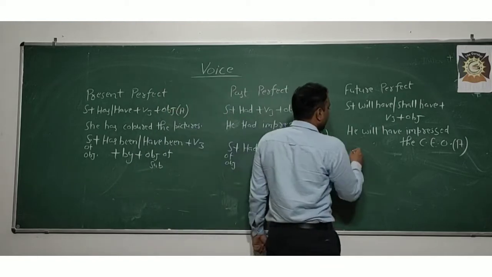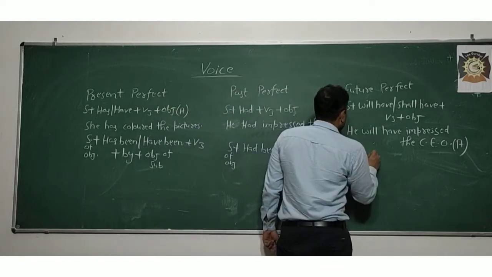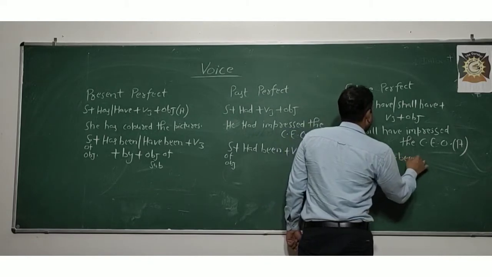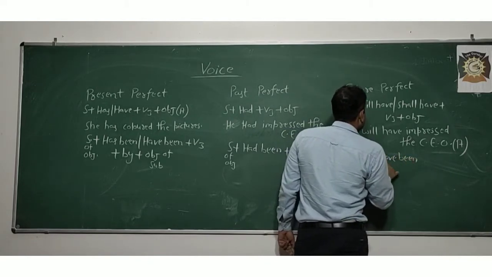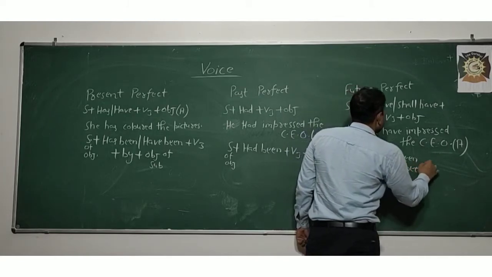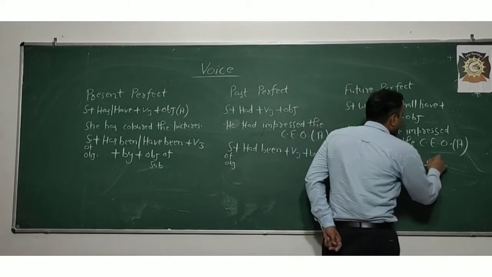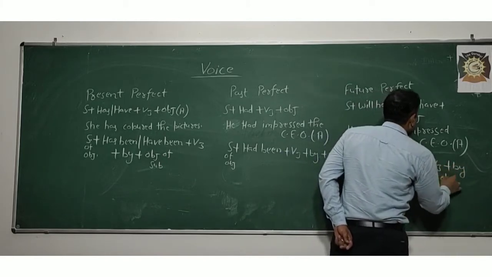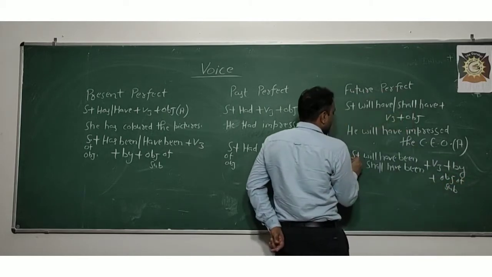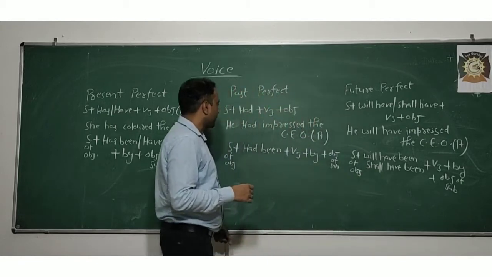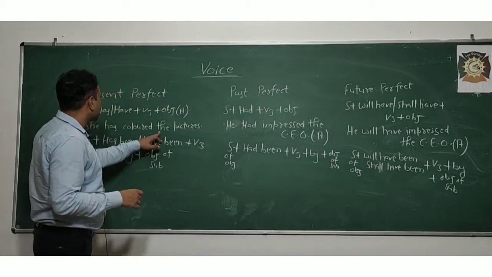Same is the case here: subject plus will have been and shall have been plus V3 plus by plus object, and here also subject of object. This is the formula.